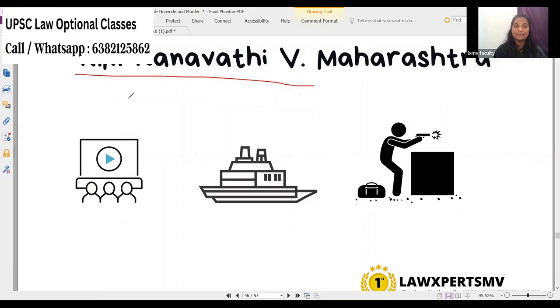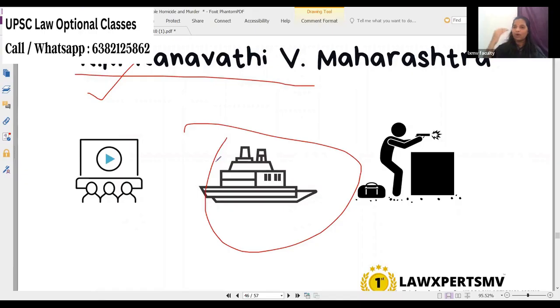So going on with this major case law, KM Nanavati versus Maharashtra. What happened here? The accused was a sailor. He will be on board for 6 months and at home for the next 6 months. One fine day when he came home, his wife had been cheating on him with his friend. She was feeling very guilty, so she on her own went to the husband and confessed that she was having an illicit affair with his friend.